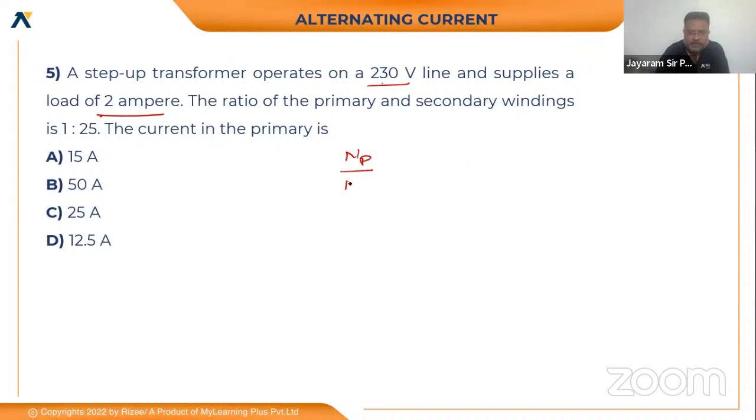So number of turns in the primary by number of turns in the secondary is 1 by 25, which is equal to the current in the secondary by current in the primary. So 1 by 25 is equal to current in the secondary, 2 amperes, by Ip, which is equal to 50.